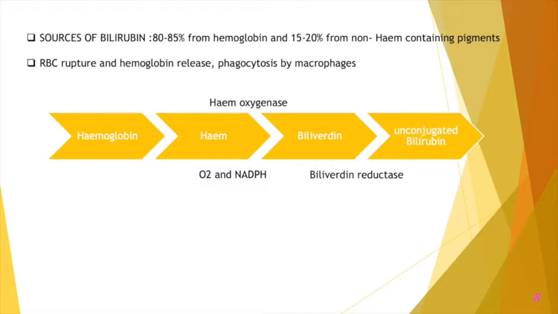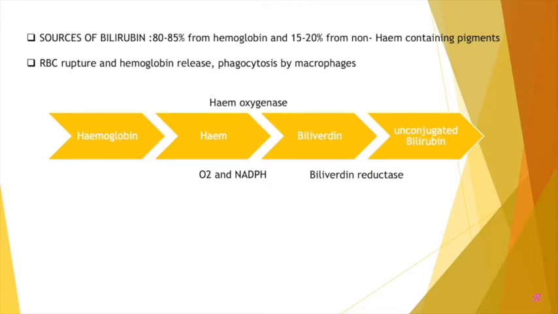One thing more I have to say is, I told previously that the major source of bilirubin is RBC. Around 80 to 85 percent of bilirubin is produced from the hemoglobin, but the rest 15 to 20 percent, where is it coming from?